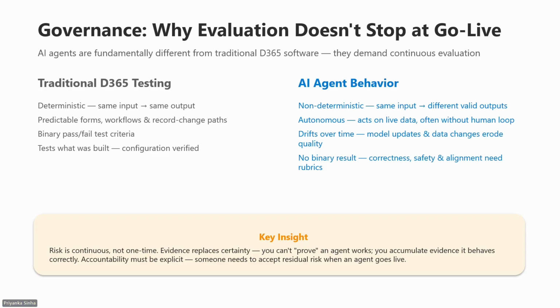With traditional software, you are testing and verifying, but with agents, it is continuous and we accumulate evidence over time that it behaves correctly. So the key insight reinforces this: accountability must be explicit. Someone needs to own agent quality on an ongoing basis and should have authority.